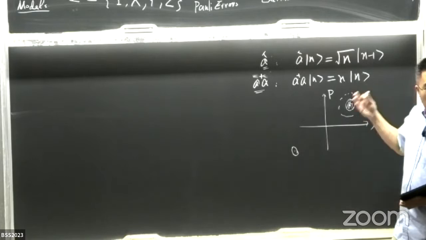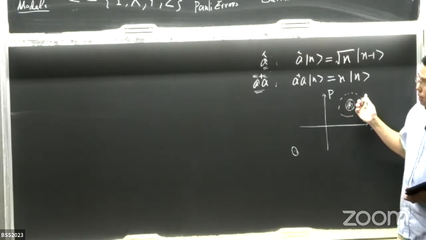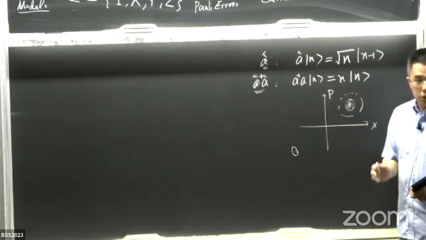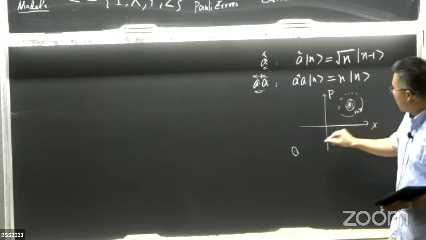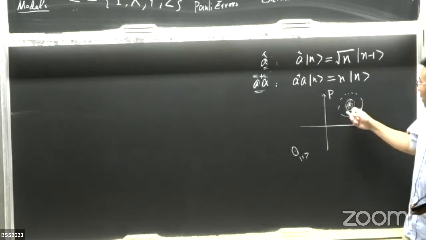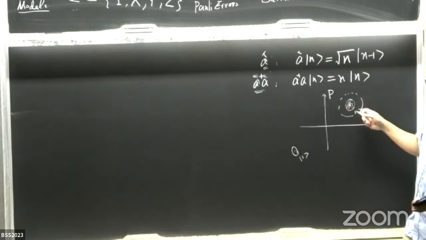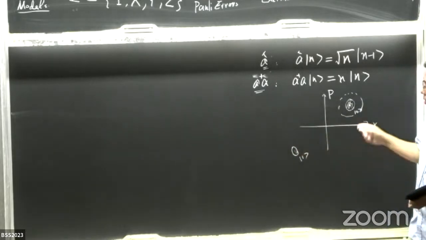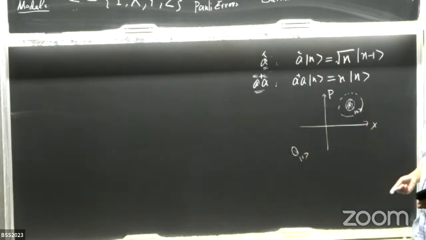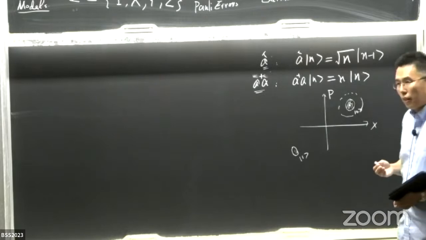There is some locality in the phase space of these errors, which is important because, for example, I can encode, say, logical 0 here, logical 1 there. Then if I have an error, it's unlikely it will go all across the phase space to the other side. And that actually will be important in our later discussion about bias preserving error correction.